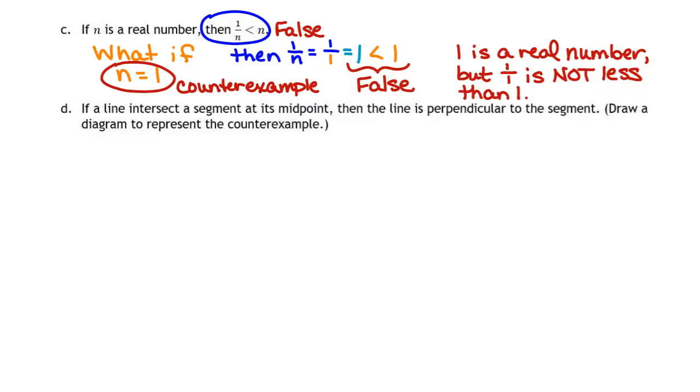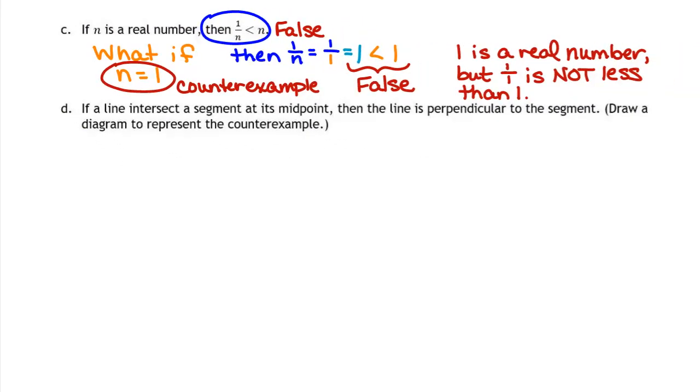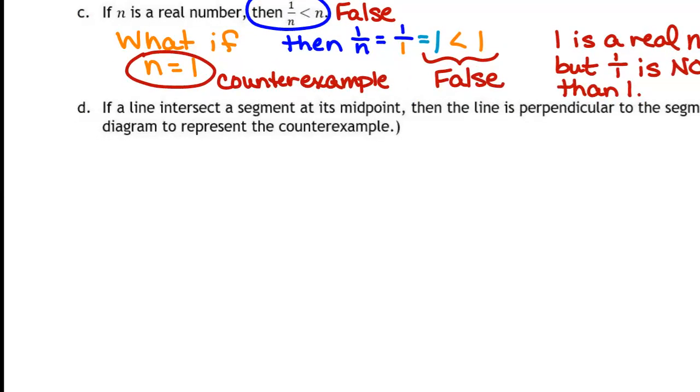Example D says if a line intersects a segment at its midpoint, then the line is perpendicular to the segment. We are supposed to draw a diagram to represent the counterexample. So first I'm going to draw a line segment.